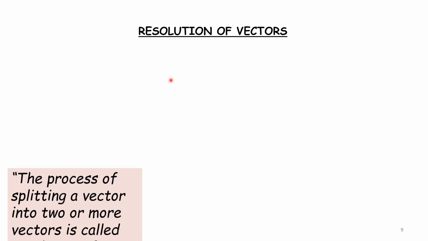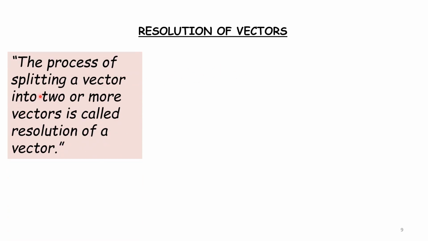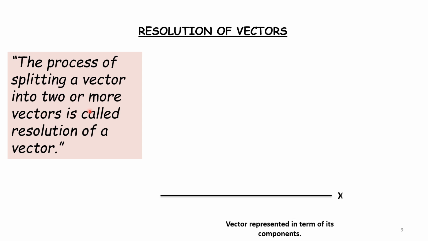Okay, so let's talk about the resolution of a vector. This is the process of splitting a vector into 2 or more components. To demonstrate this, let us consider an x-axis and a y-axis. The x-axis is represented with X, O, X dash, and the y-axis is represented with Y, O, Y dash.